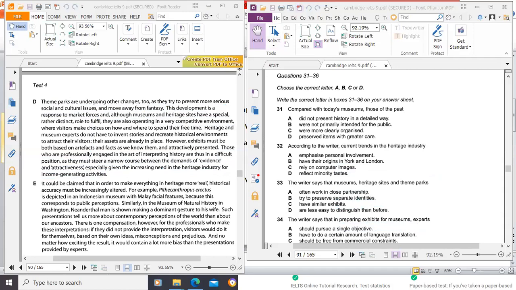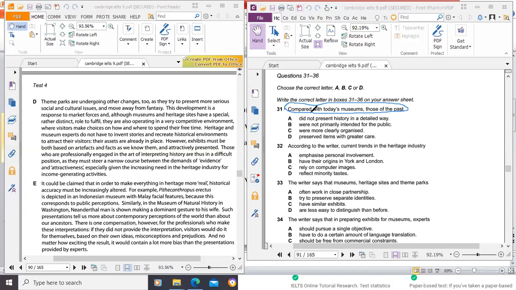All right, so we are answering questions. These are very simple, honestly, believe me. Questions 31 to 36, and it's MCQs, multiple choice questions. So the best way to answer these questions would be by reading through the question first, and don't get it twisted.